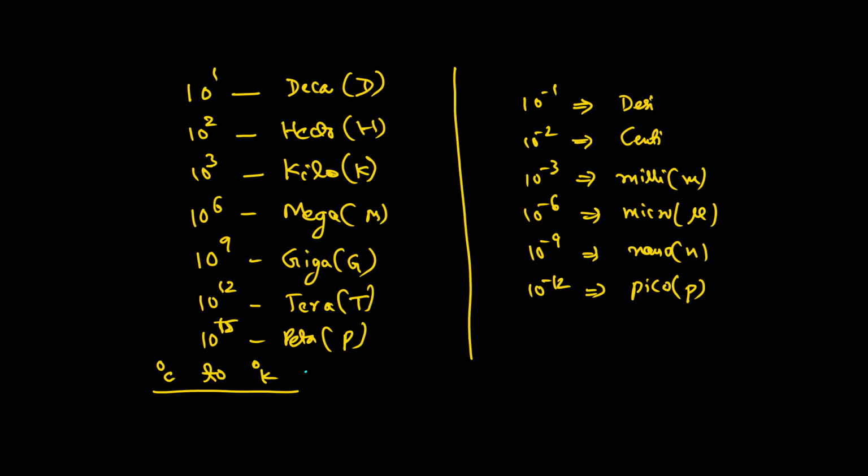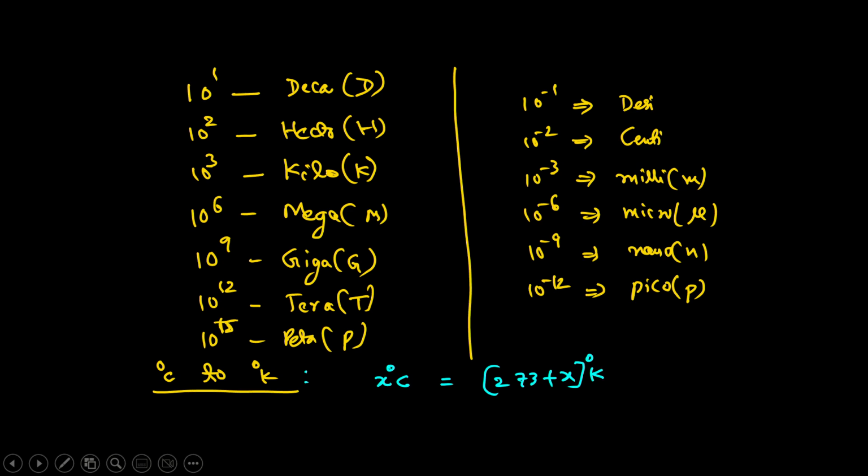So if you write one value in terms of centigrades, that is x degree Celsius, this is equal to 273 plus x degree kelvins. So to convert centigrades to kelvins, add 273 to the centigrade value, then it gives you the value in kelvins, right?